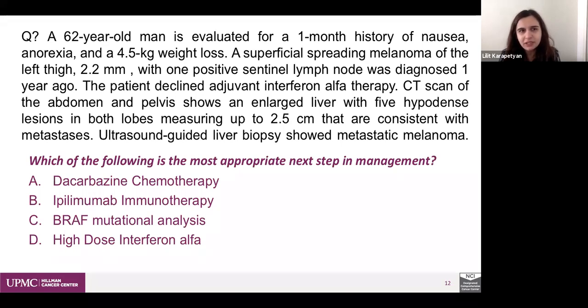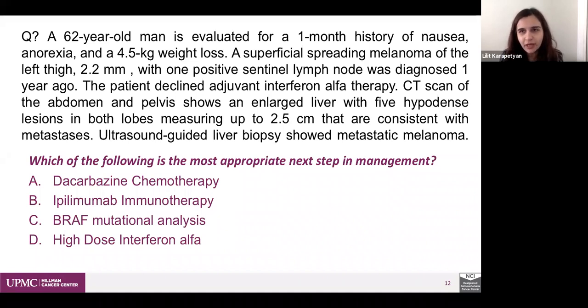From this test, I want to highlight one thing. Whenever you see a test that asks you, the patient has liver metastases or lung metastases, what is the next step? It will ask you, what is the next step? Next step is always a biopsy, because in the oncology world, we say no tissue, no issue.